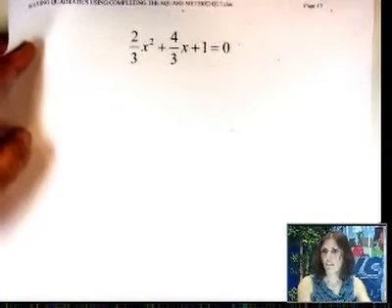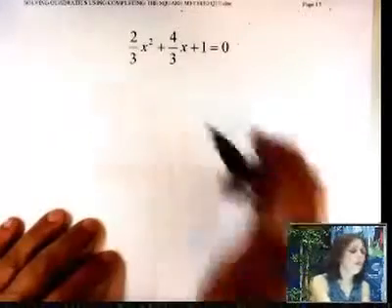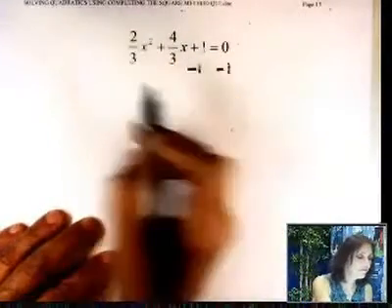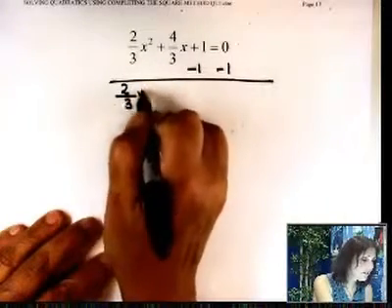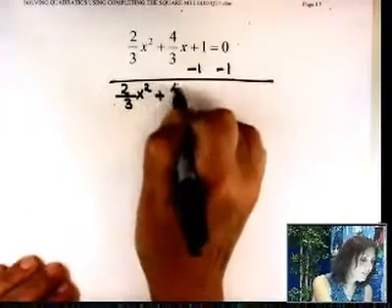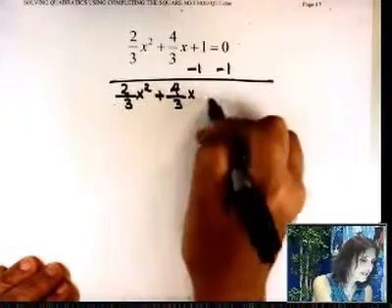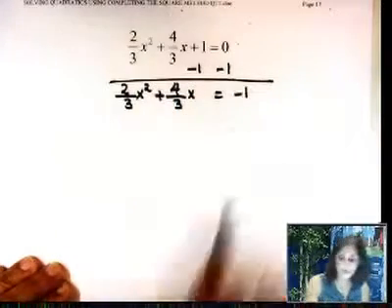Move the constant term. 2/3 x squared plus 4/3 x equals -1.